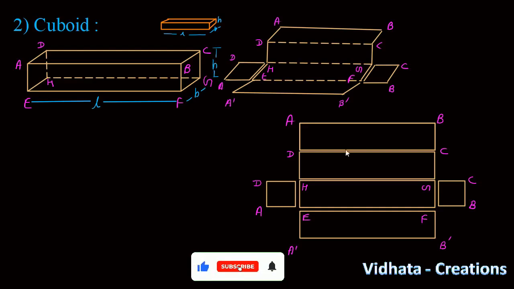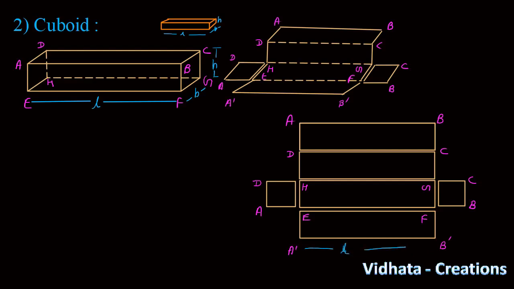Now, in this flat figure which you have flattened on the ground, can you say which is length, breadth, and height? First of all, this is length. This A dash, B dash is a length. All of these, AB, DC, HG, EF, and A dash B dash, are equal in length, so that is L. And where is the breadth?